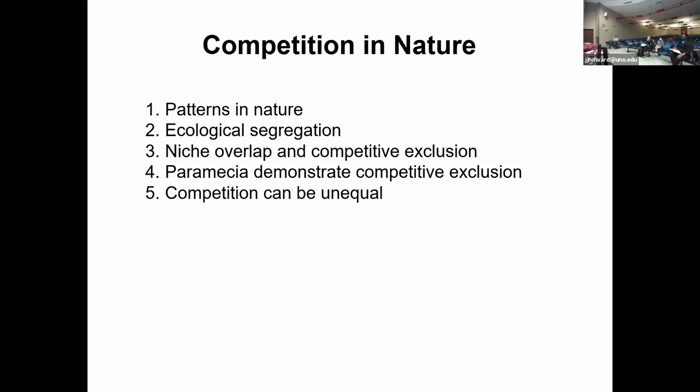And we'll then turn our attention to the overlap in niches and how that can produce what we call competitive exclusion, that is, one species causing the extinction of another, or possibly allow two species to coexist. We'll give an example of competitive exclusion from Paramecium, and then, really importantly, we'll talk about the idea that competition can be very unequal, and we'll give an example from nature that illustrates that.